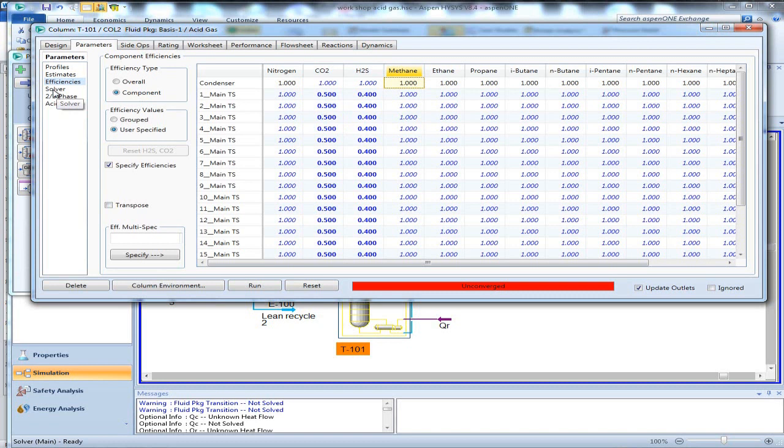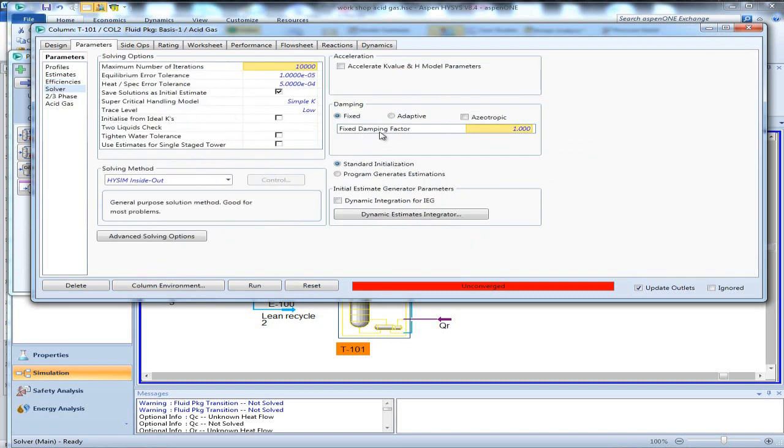Then go to solving to change the damping factor, and use that as 0.4 to reduce the oscillation. And now we are done here.